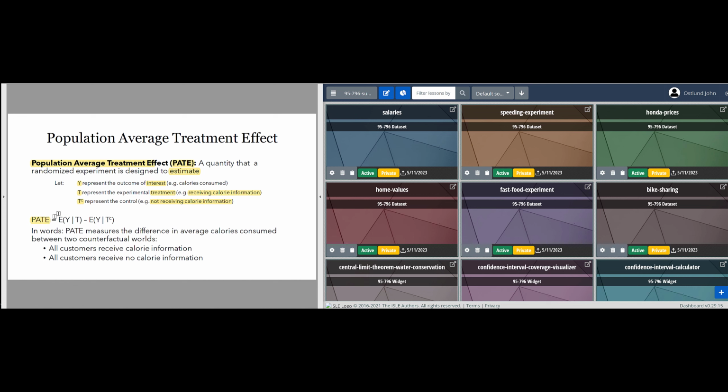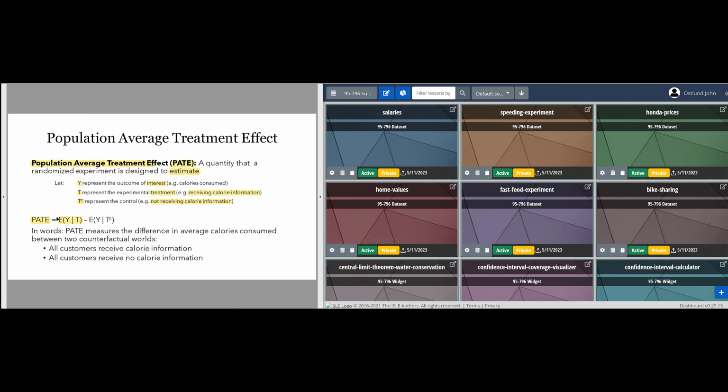So the population average treatment effect is, not the probability, the expected value of the outcome, that is in this case the expected value of the calories consumed, given treatment, that is, this is the calories consumed for the experimental group, minus the expected value of the calories consumed not given the treatment, the control group.